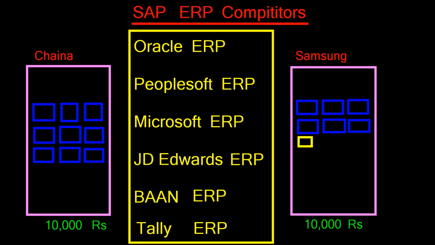Just assume these are apps. Okay, fine. So both are the same price. By default, in both the mobiles, we are getting 6 apps only. The main problem is in the Chinese mobile, we are not able to install any new apps. It is not possible to install new apps.